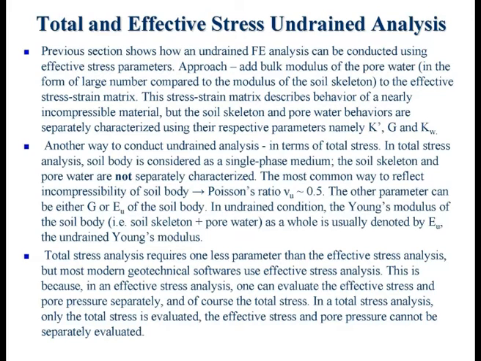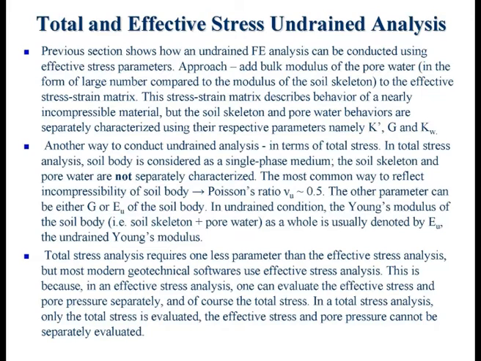In total stress, you only have to specify EU, and nu is something you can put as a number just close to 0.5, or sometimes the program will just choose it for you.